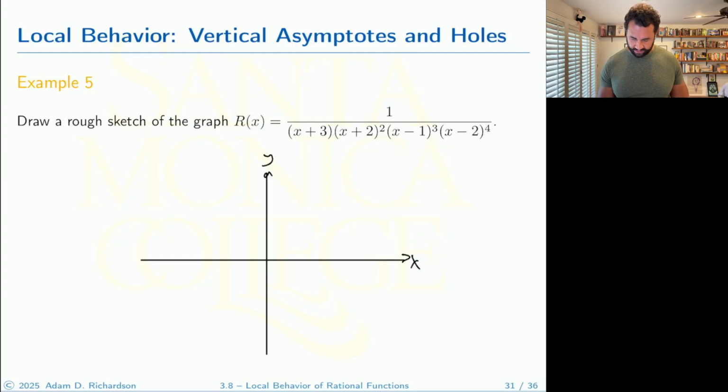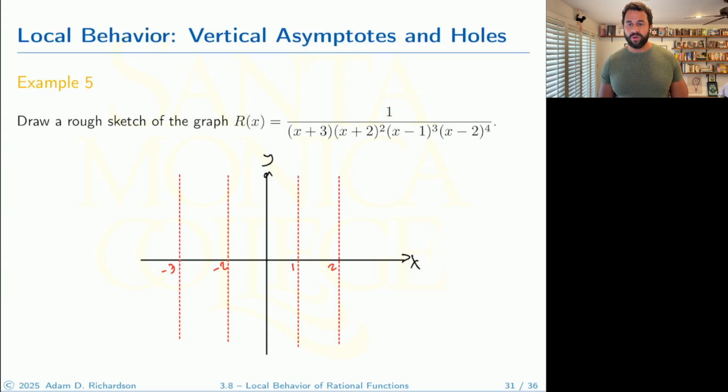There's one here at -3, another one at -2, another one at 1, and another one at 2. Let me label these -3, -2, 1, and 2. Now we want to know what the graph looks like around these asymptotes.